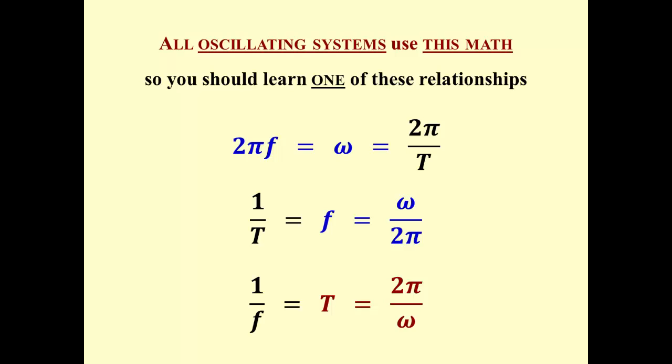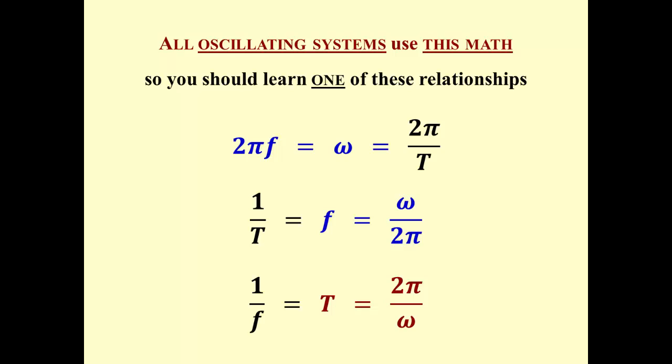Any system that oscillates will obey any combination of these equations that you might want to construct algebraically. I recommend learning omega equals 2 pi f because that's what I use the most, specifically when we get to the second semester of this course. However, there's no reason why you can't learn frequency as omega over 2 pi or period as 2 pi over omega.